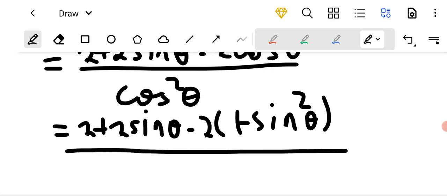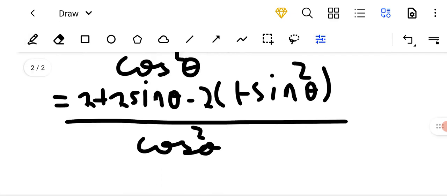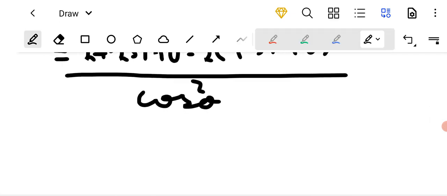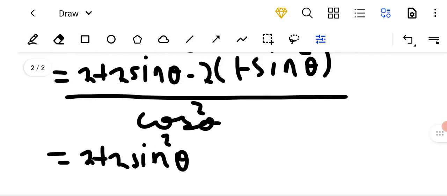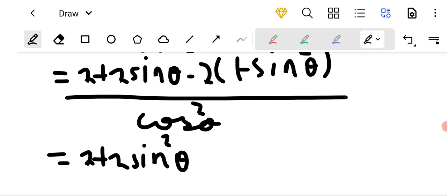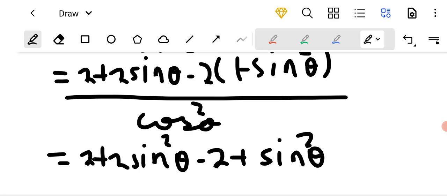Then you divide by cos theta squared, at which point you can say is equal to 2 plus 2 sine theta squared, like that. And then you're going to say minus 2, then you're going to say plus 2 sine theta squared.